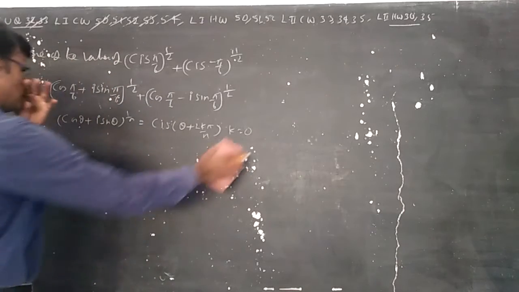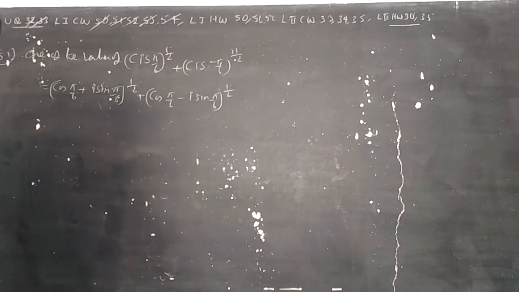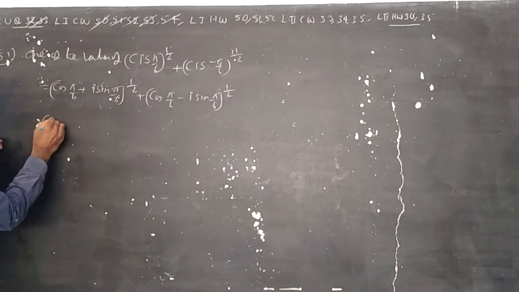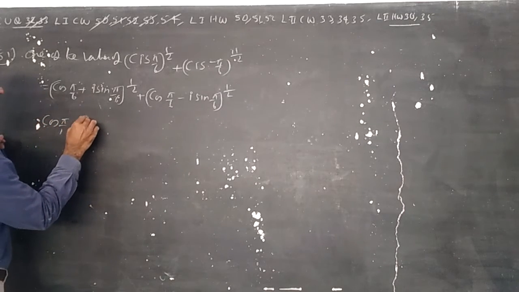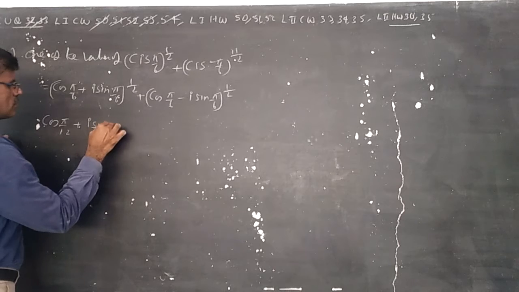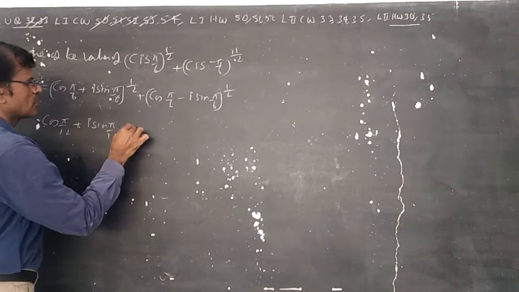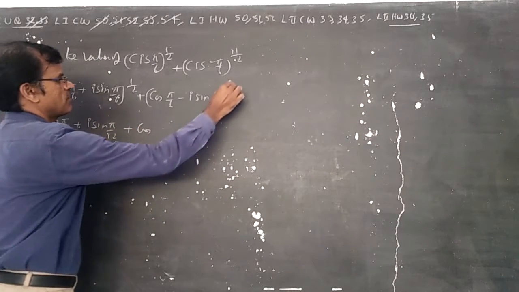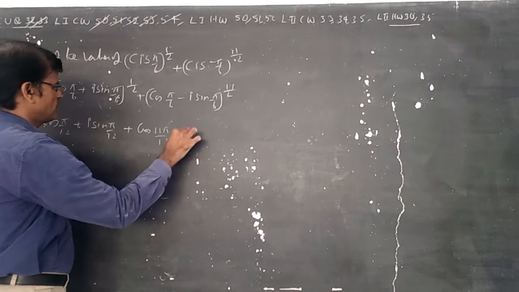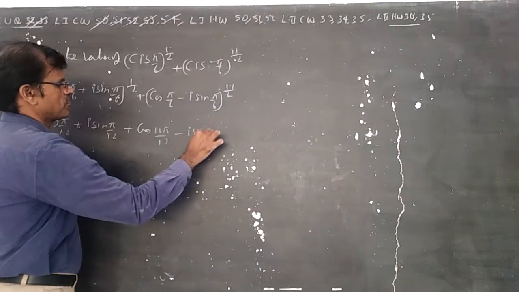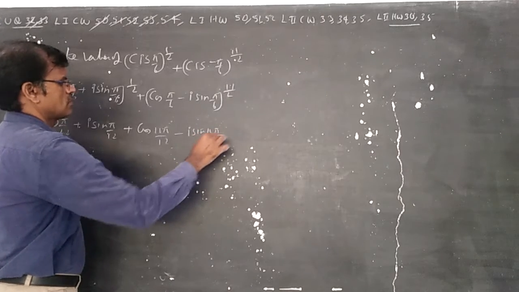Better to write in the general method. Okay, let us write cos pi by 12 plus i sin pi by 12 plus cos 11 pi by 12 minus i sin 11 pi by 12.